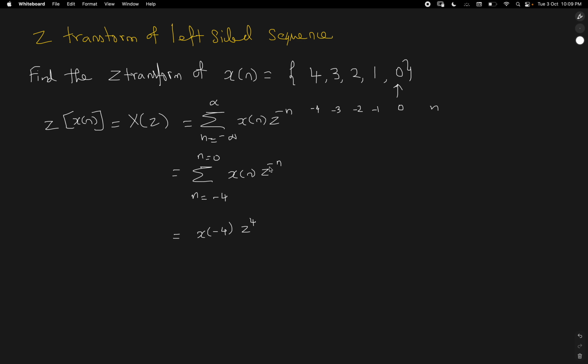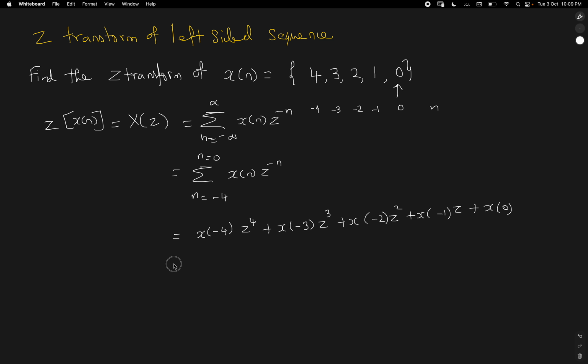Here the minus sign in the power and the minus sign in the n value are multiplied together and it becomes a positive sign, plus x of minus 3 into z cube plus x of minus 2 into z square plus x of minus 1 into z plus x of 0.